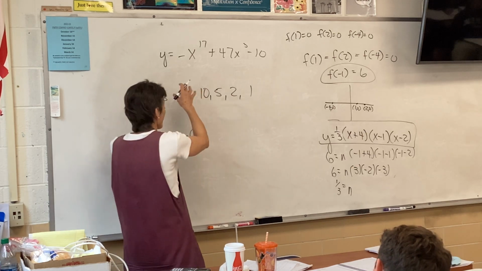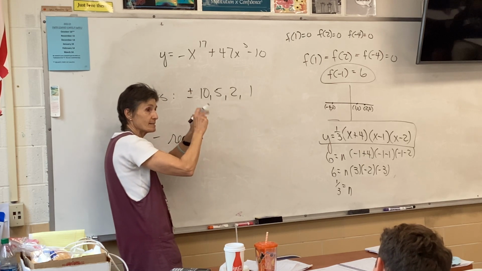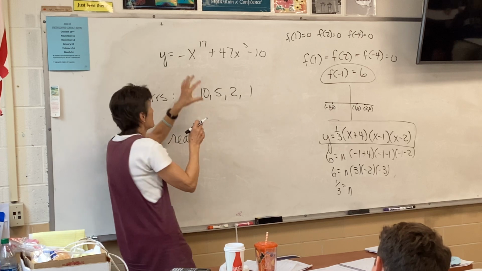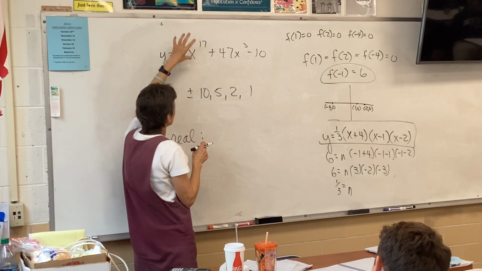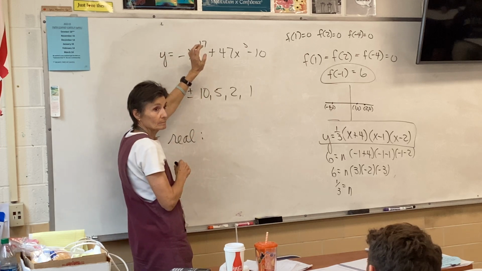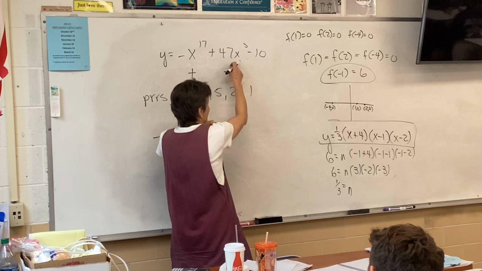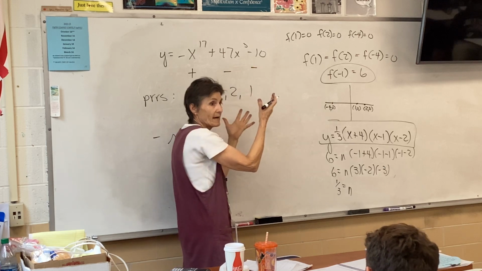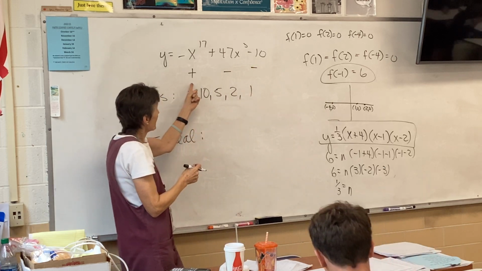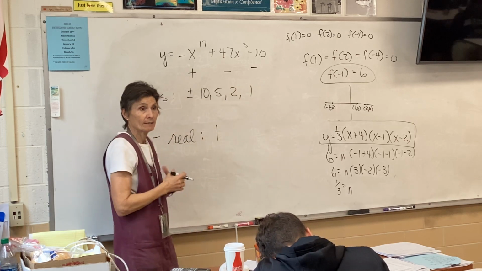So we go back to our problem, and we pretend that x is a negative number. If x is a negative number, this guy right here will be positive. This guy will be negative, and that, of course, will be negative. Well, how many times does the sign change? 1. So there is 1 negative real root.